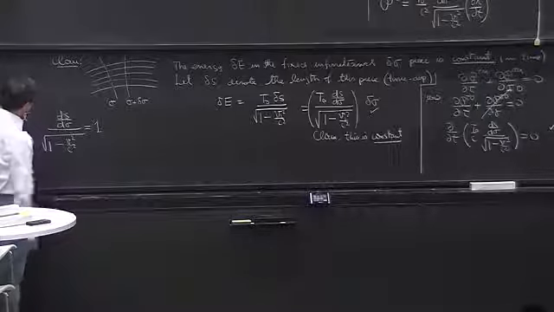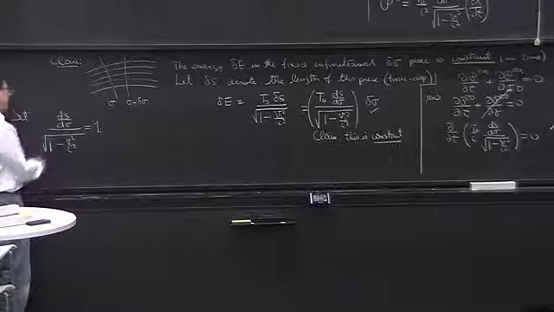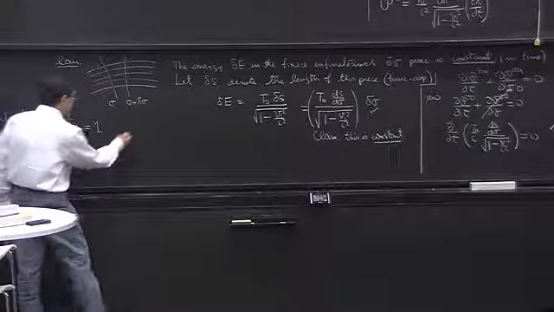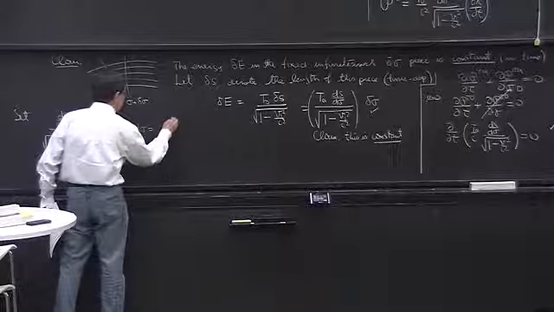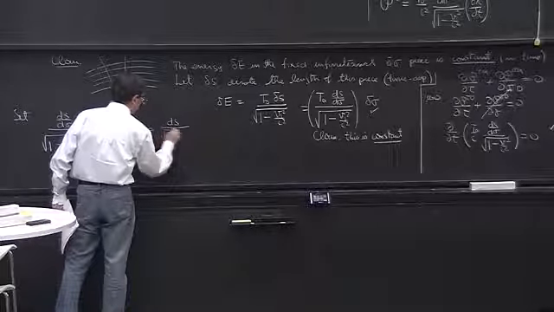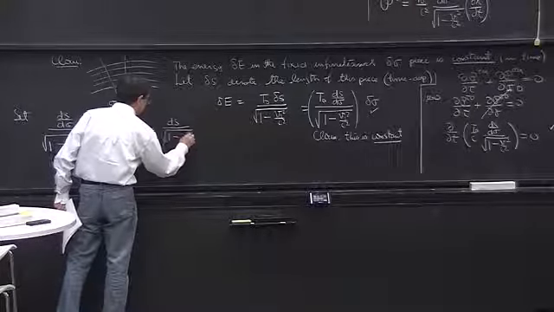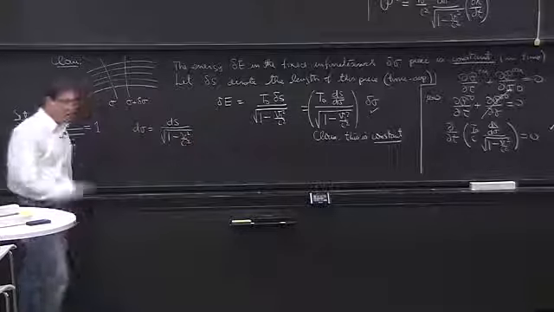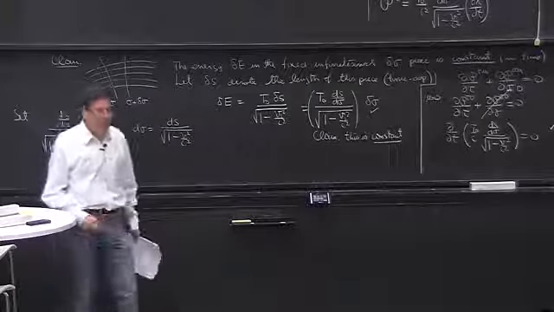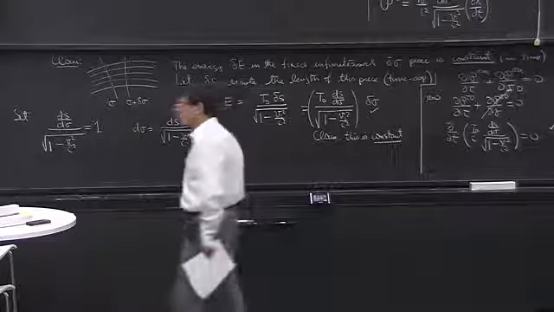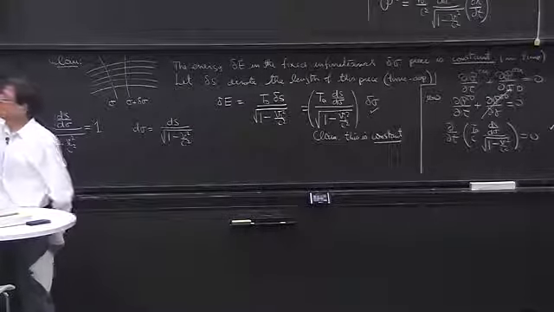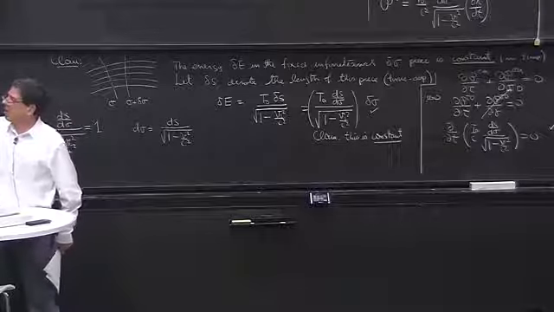And then, if this is 1, let's think physically what that means. It means that d sigma is equal to ds over square root of 1 minus v squared over c squared. That already tells you that you finally learned how to parameterize the string. Because you start with your string, and you say, sigma equals 0.